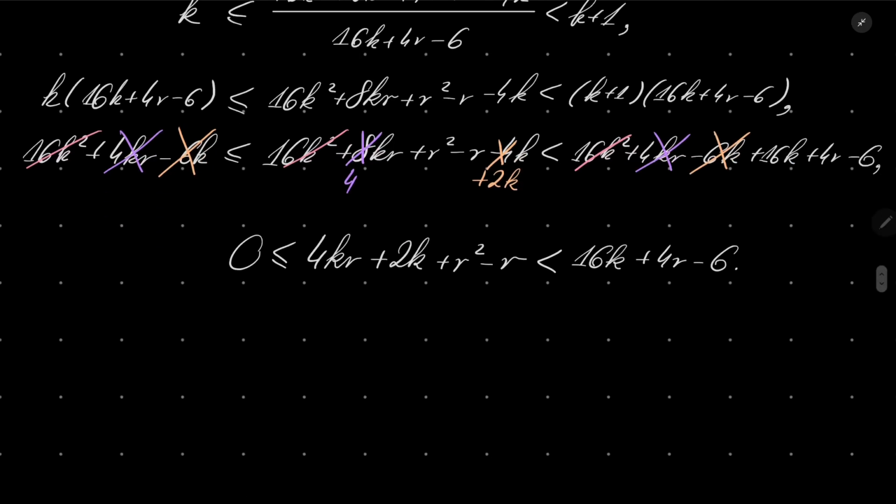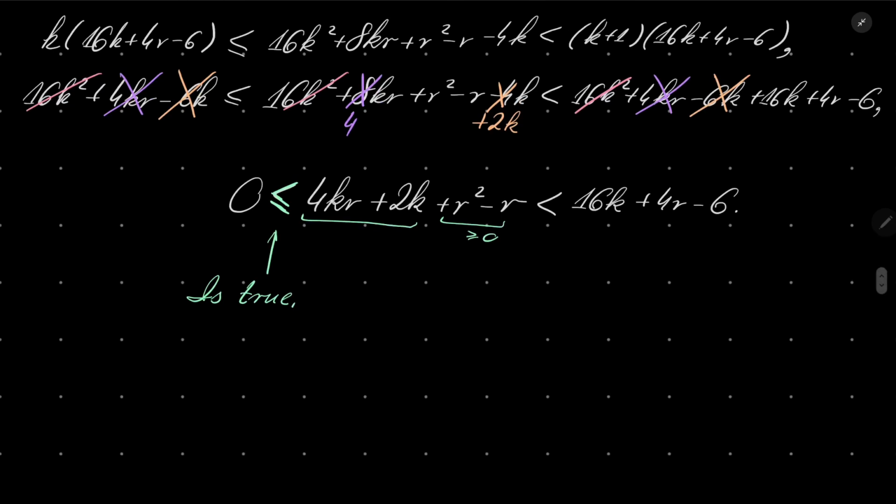Notice that the first inequality is obviously true. Why is that? Well, because this is greater than or equal to 0, and this is definitely greater than 0, because 2k is positive. So the first inequality is true. Very well.